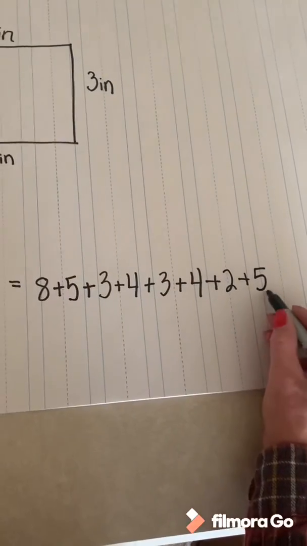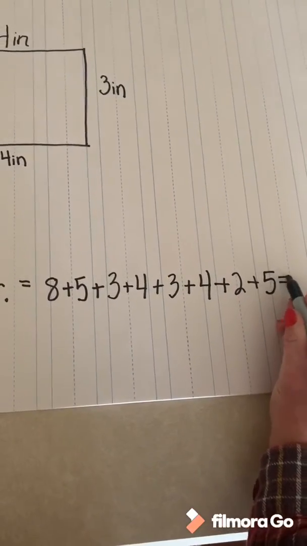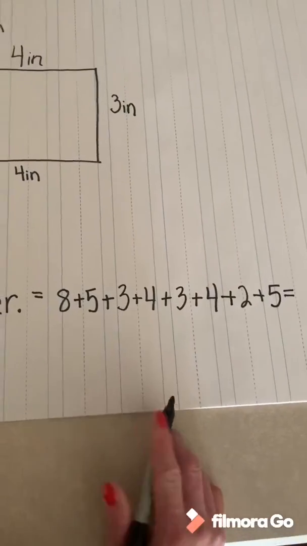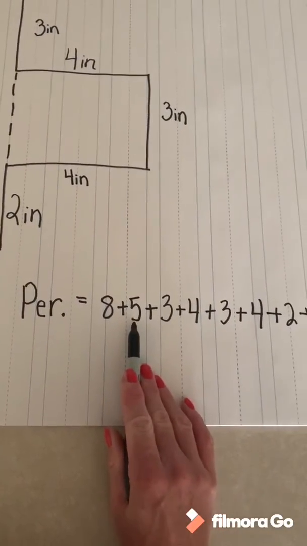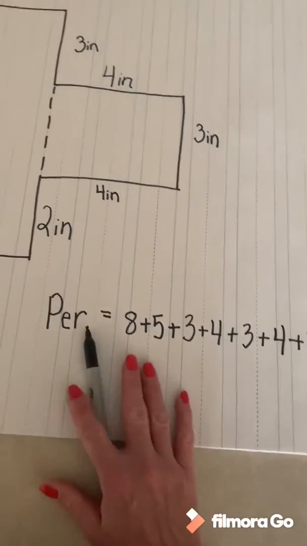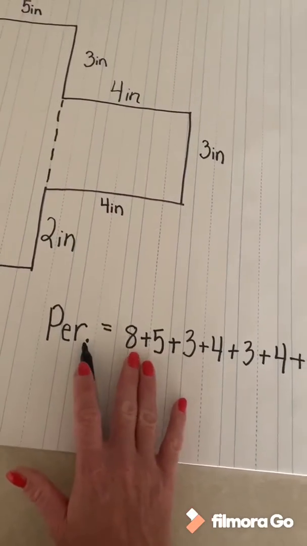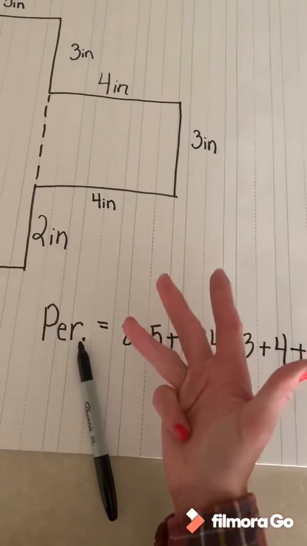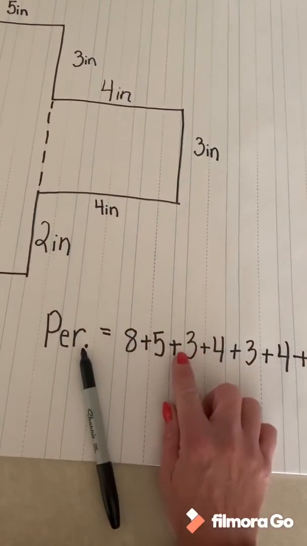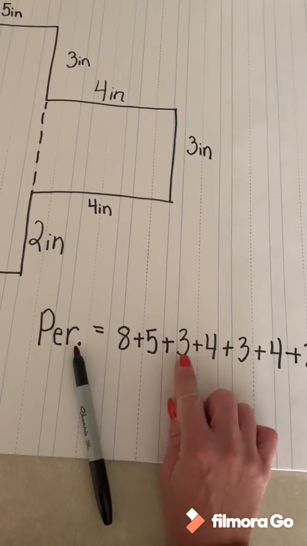So the equation for my perimeter is going to have a lot of numbers I need to add together. I know you guys are really good at strategies for adding a whole bunch of addends. So I'm going to look at it as 8 plus 5, which I guess if I were to use my fingers, I could say 8 and count on 5. So 8, 9, 10, 11, 12, 13. And then I need to go 13 plus 3.